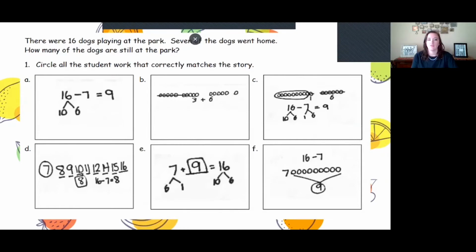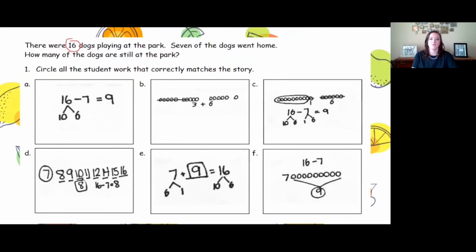I'm thinking that the 16 is important and the 7 is important. So then I think my equation is going to look like this: 16 minus 7.